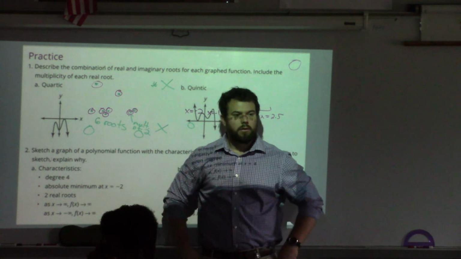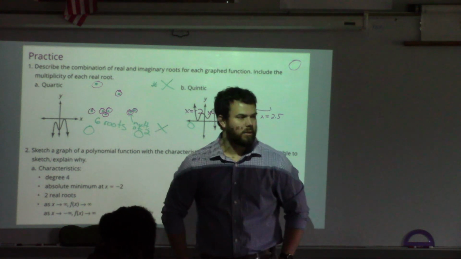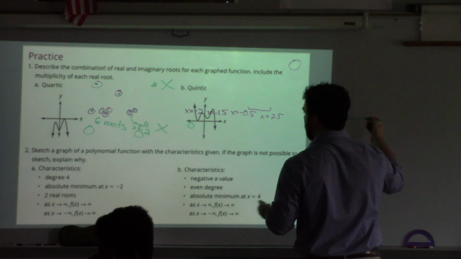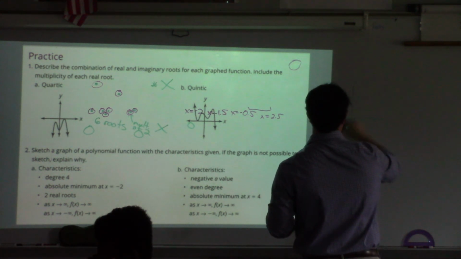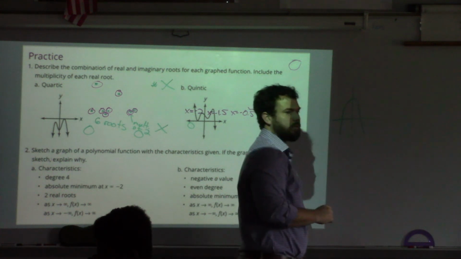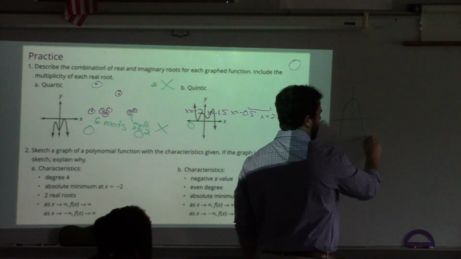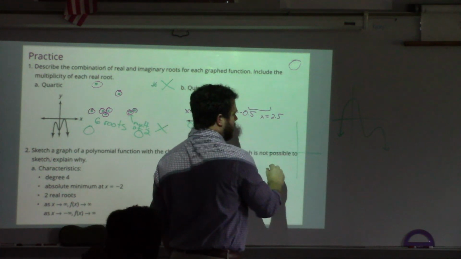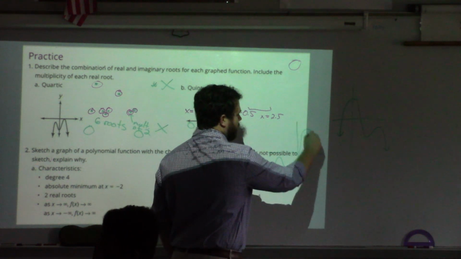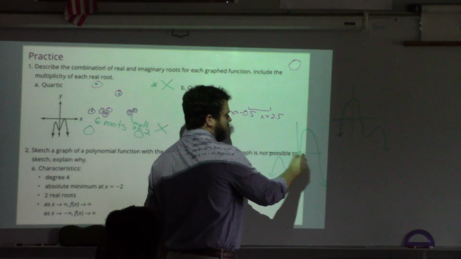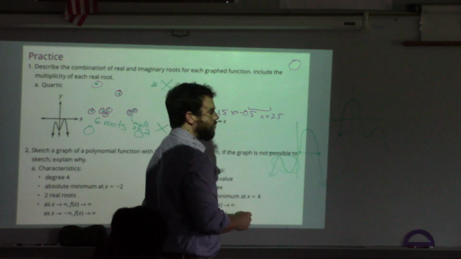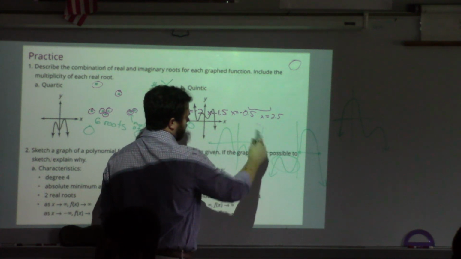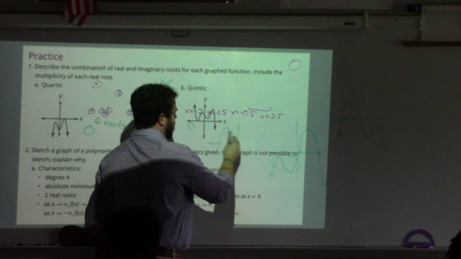I'm not saying that this is a possible answer, but 1, 2, there's 2 real roots, and then 2 imaginary. This is important to recognize, which I think is what's stressing you out, that you want to know exactly which one it is. Again, only 2 real roots, but somewhere in here there are 2 imaginary.